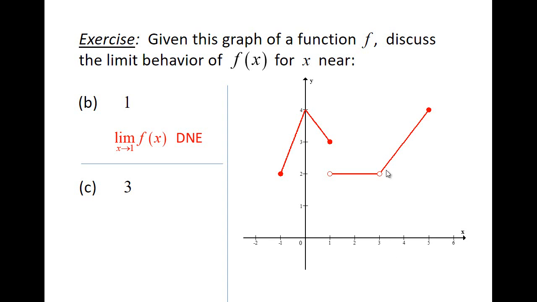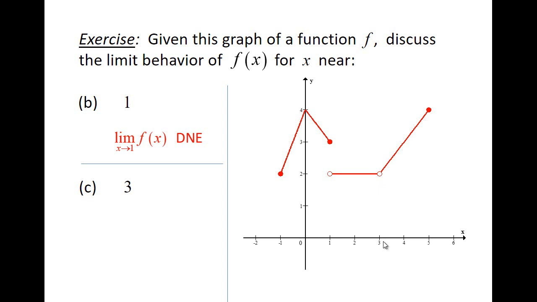Okay, how about at the number 3? So at the number 3, we see that the function is undefined at 3. However, what's the limit at 3? Well, notice that, let's look at the right-hand limit at 3. I can make the value of the function as close to 2 as I like by choosing any x close enough to 3 on the right side of 3.